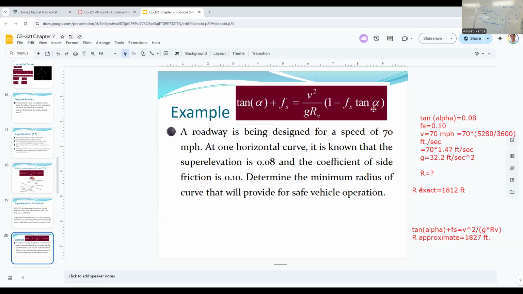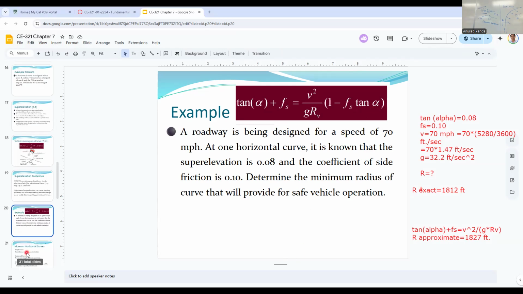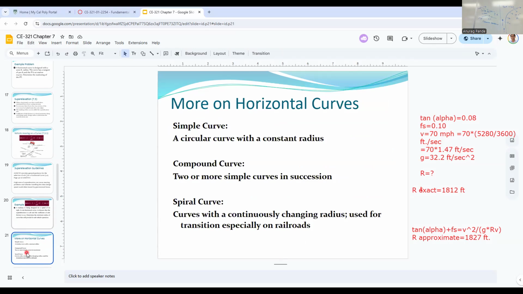Okay. All right. So one more thing about the simple circular curve that we are going to design in this class. It's always going to be a simple circular curve with a constant radius. You could have compound curves, where one simple curve follows another one.